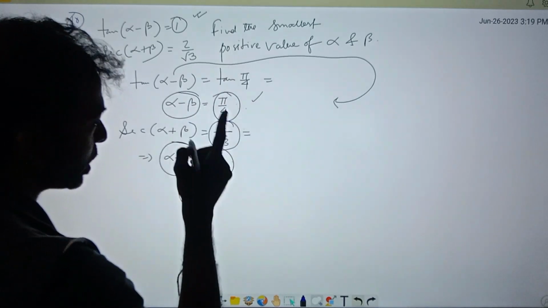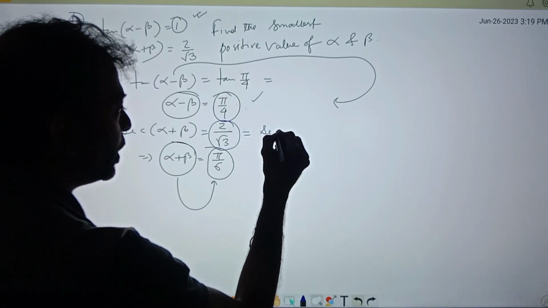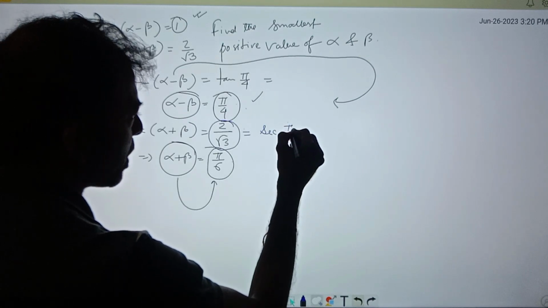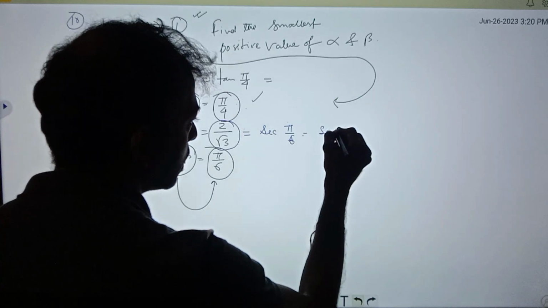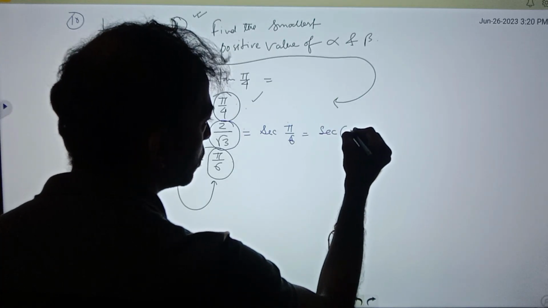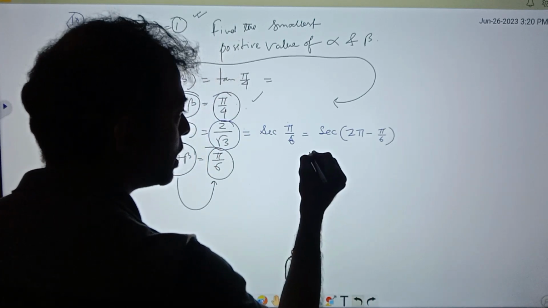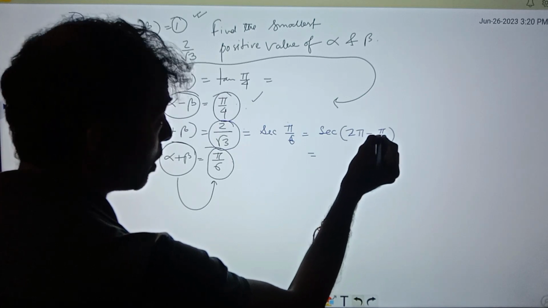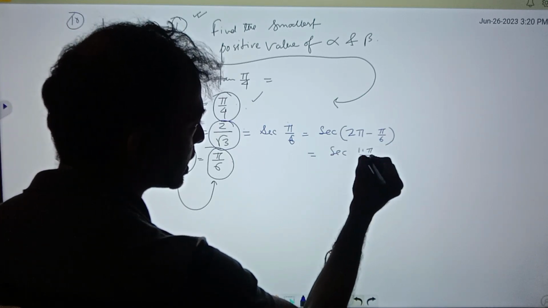Sec is positive in the fourth quadrant, and in the fourth quadrant, we all know that for 2 by root 3 the principal value is pi by 6, and in the fourth quadrant that will be sec of 2 pi minus pi by 6. Now from this one it will be 12 minus 1, that will be 11 pi by 6. So that will be 11 pi by 6.